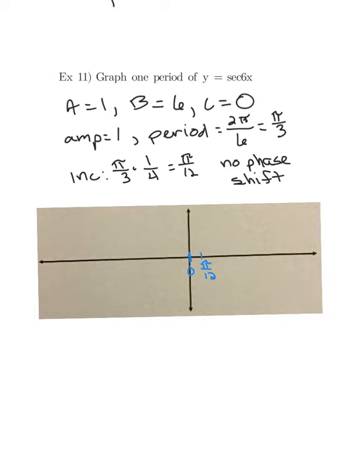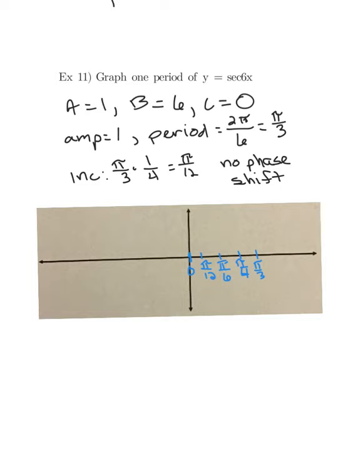Pi over 12 plus pi over 12 puts you at 2 pi over 12, which is pi over 6. 2 pi over 12 plus pi over 12 puts you at 3 pi over 12, which is pi over 4. 3 pi over 12 plus pi over 12 puts you at 4 pi over 12, which is pi over 3. And we have our total of 5 marks, so we are done with our horizontal labels.